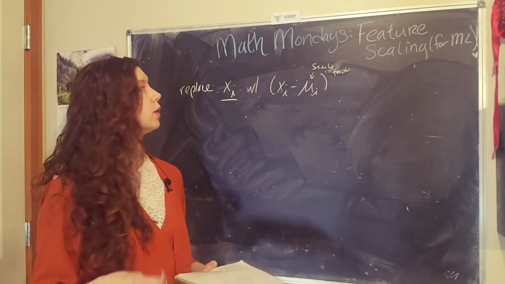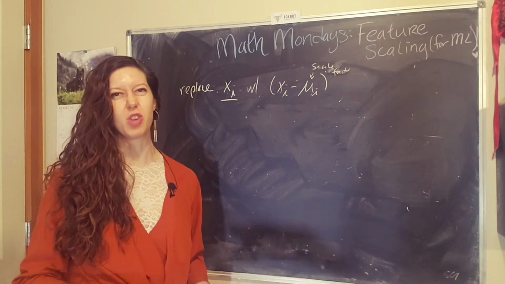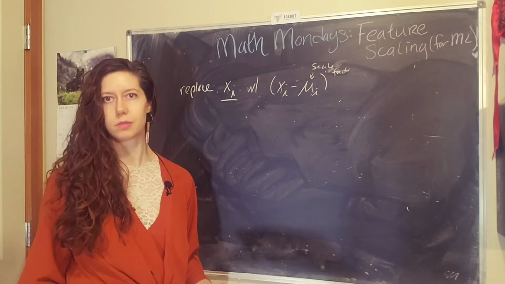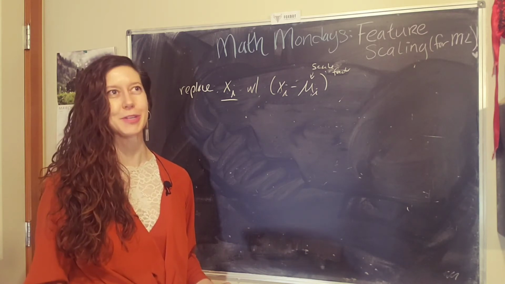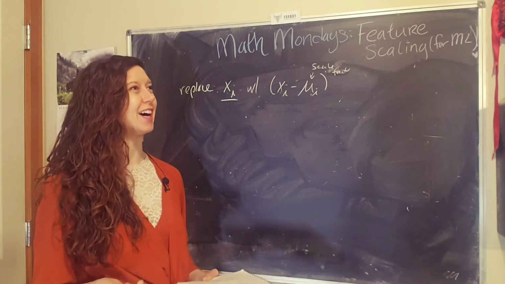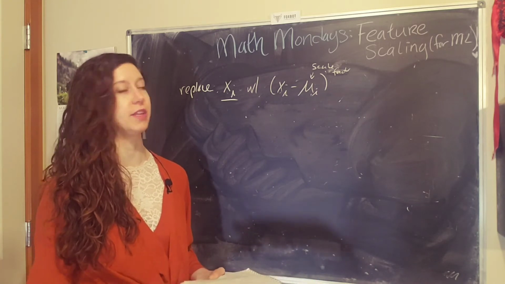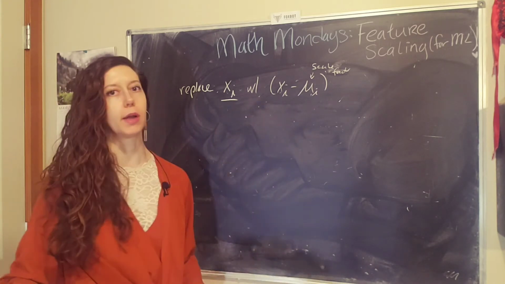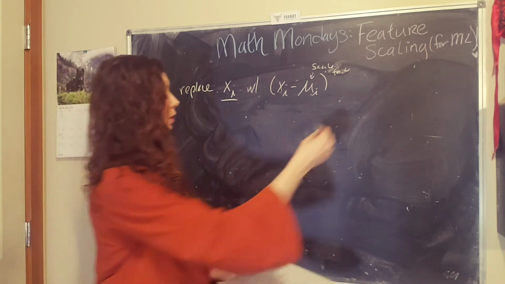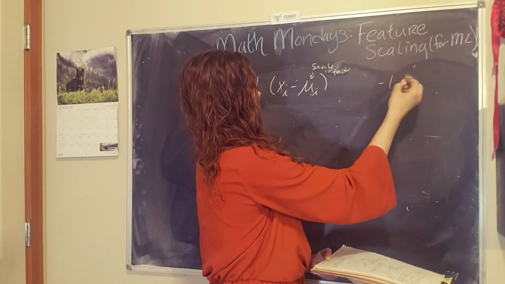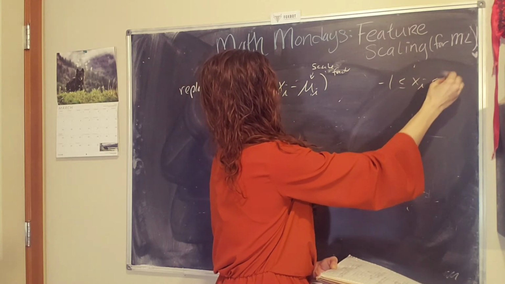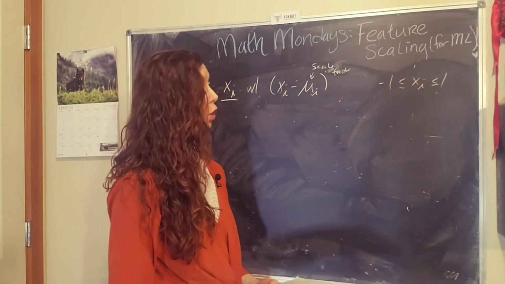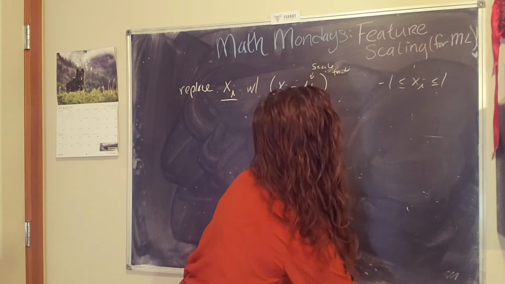So the goal is that our features have effectively 0 mean. It's not that our data is kind. Well, I hope that our data is kind. But basically, if you were to find the average of this new feature, it would be 0. Like we were saying, if our feature is on a scale of -1 to 1, it'll effectively have a 0 mean. So that is the goal here.